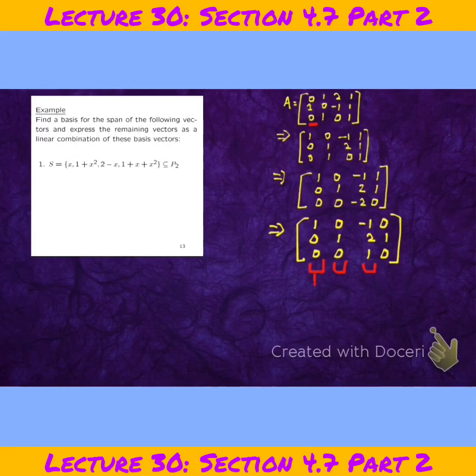Going back to my original matrix, we see this column here corresponds to that column there, this column here corresponds to that column there, this column here corresponds to that column there.